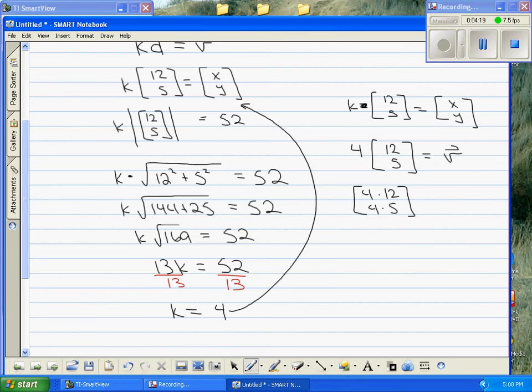Distributing the 4. Remember, this is my velocity vector. 48 and 20 is equal to my velocity vector.